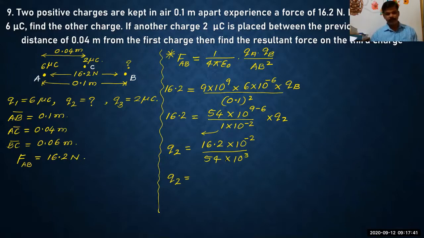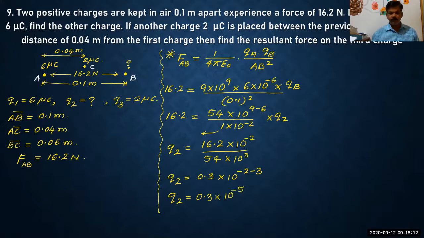Yes, what is the value of that? Anybody? 0.3. So 0.3 into 10 raised to minus 2 minus 3. This 3 goes to the numerator, it becomes minus 3. Hence Q2 is equal to 0.3 into 10 raised to minus 5.